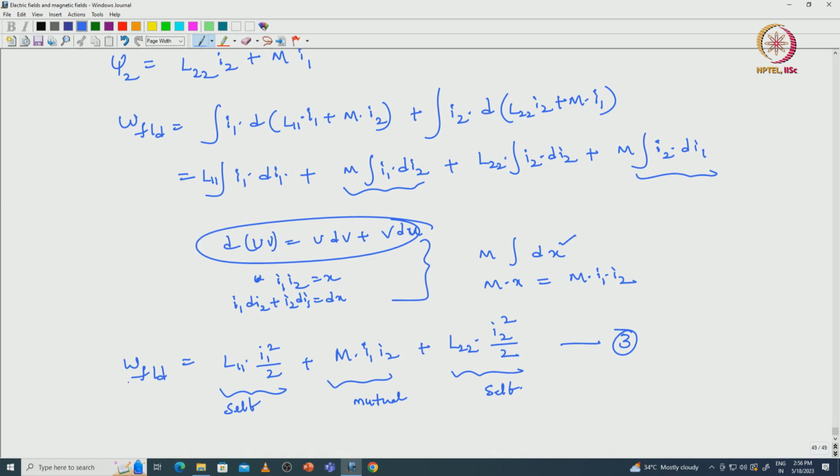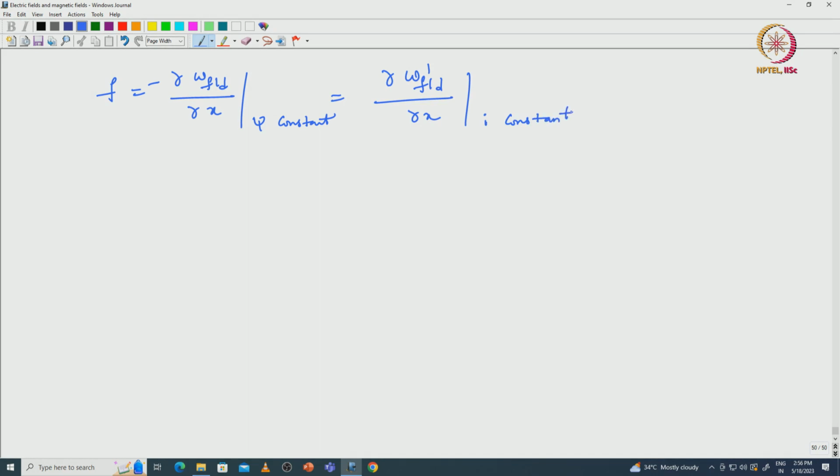Now, the field energy equation is derived. So, from this equation the force equation can be derived. F equals the partial derivative of field energy with respect to the displacement, where psi is constant, with a minus sign, and in a linear system the partial derivative of co-energy with respect to x, where I is constant. Any equation we can utilize.